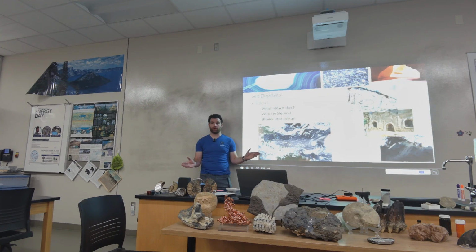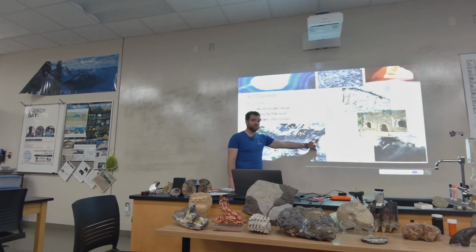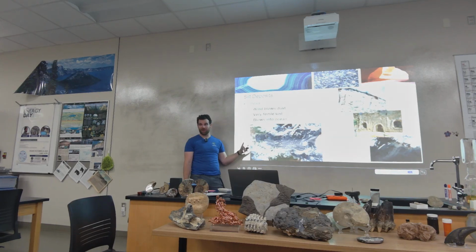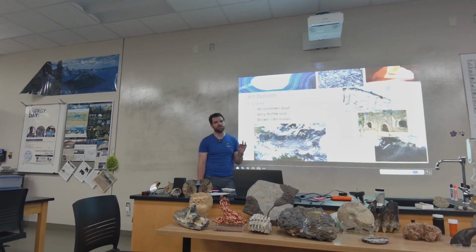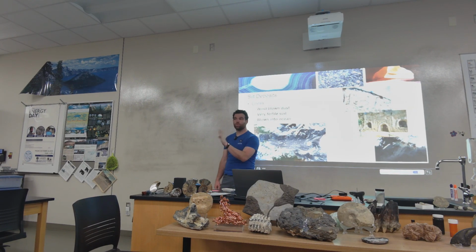I search my database, and this is sediment from Africa. How confusing is that? How does that happen? Because loess can get blown all the way across the Atlantic and come over here. So it can be confusing, but once I know what I'm looking at, it also provides me fantastic information about wind patterns at that point in time.